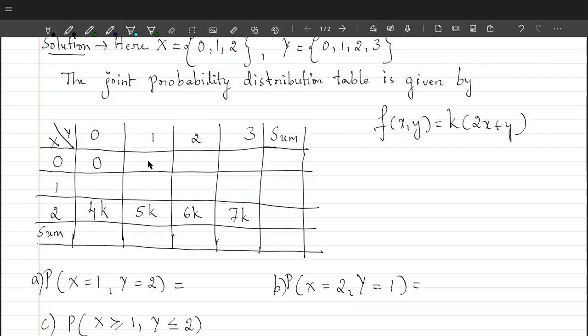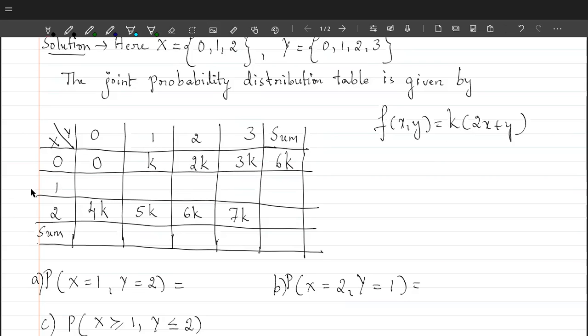Similarly, for filling this entry here, x takes the value 0 and y takes the value 1. So put that here, 2 into 0, that is 0, with y value 1. So it is 1 into k. So this entry must be k. Next here you have x as 0, y as 2. So 2k. Here you get 3k. And if you add this row's entries here, you get 3 plus 2, 5, plus 1, 6k.